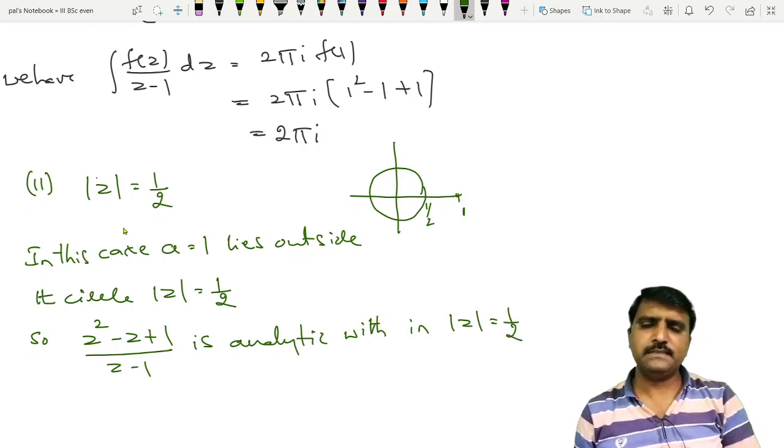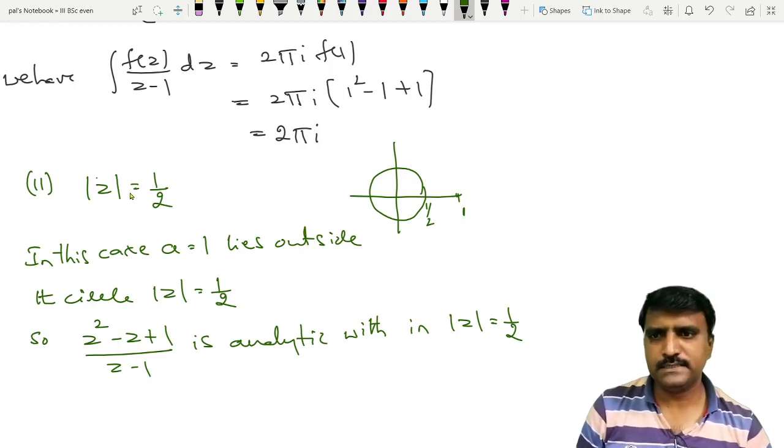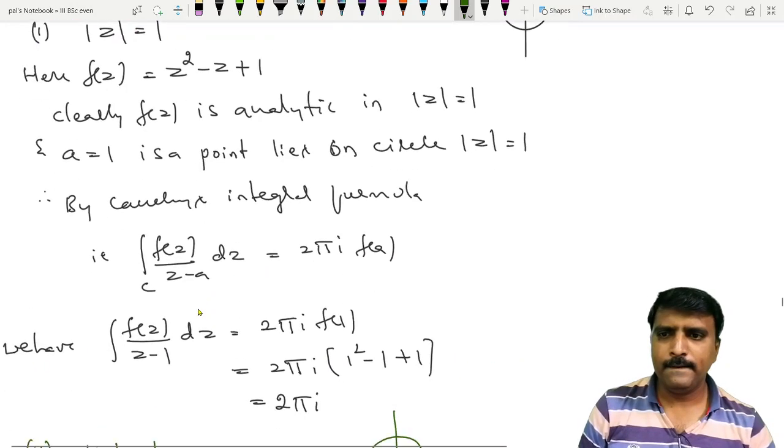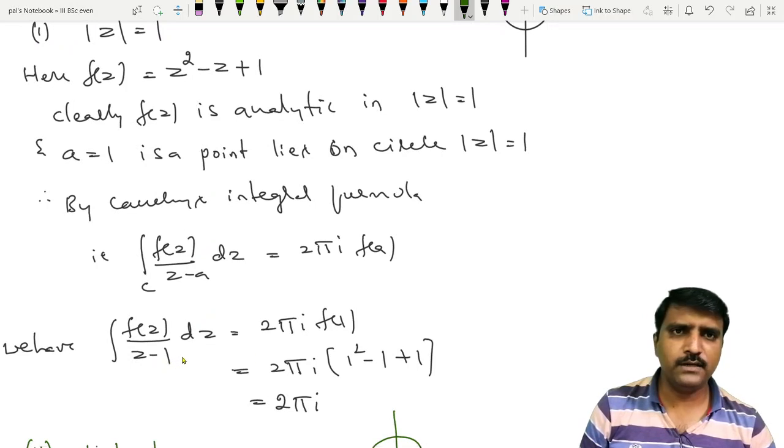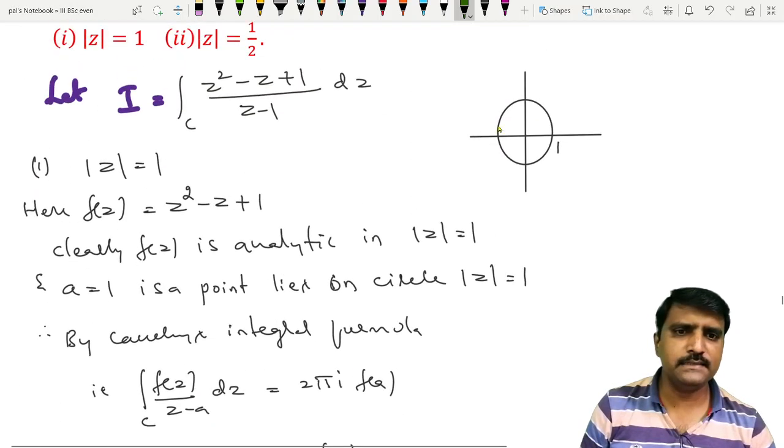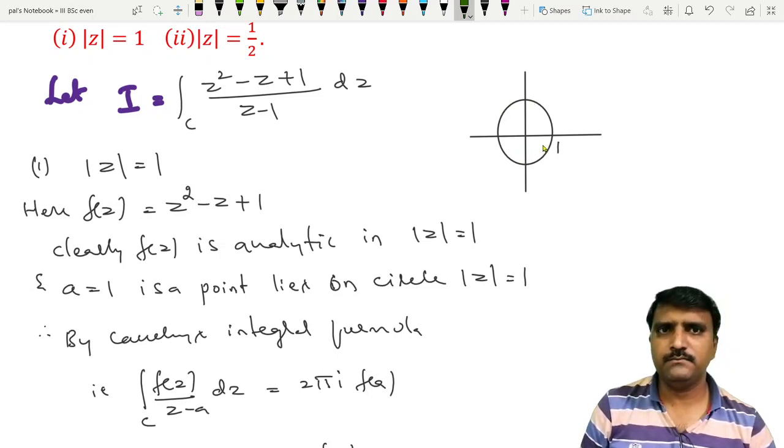In the first case, a = 1 is a point that lies inside or on the region. Function is analytic except at z = 1, but that is a point inside or on the region.